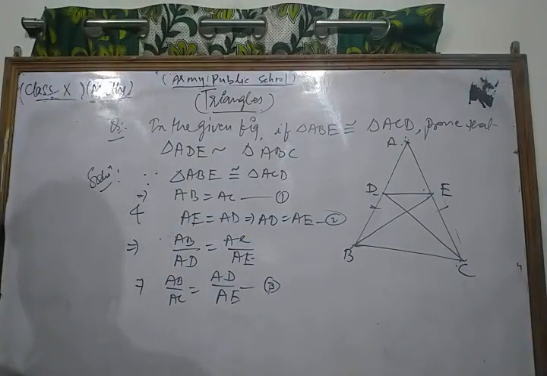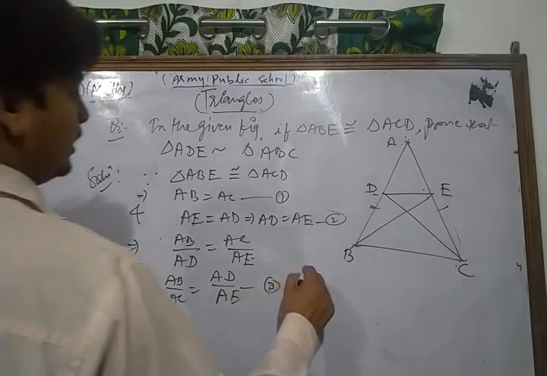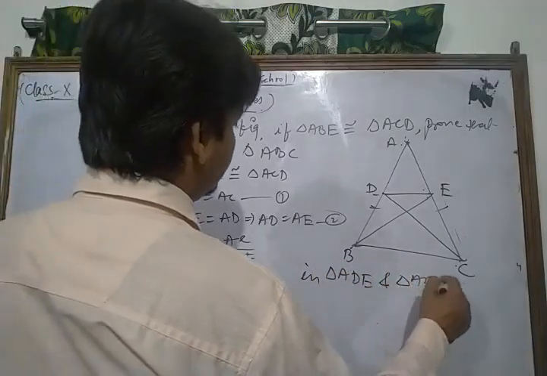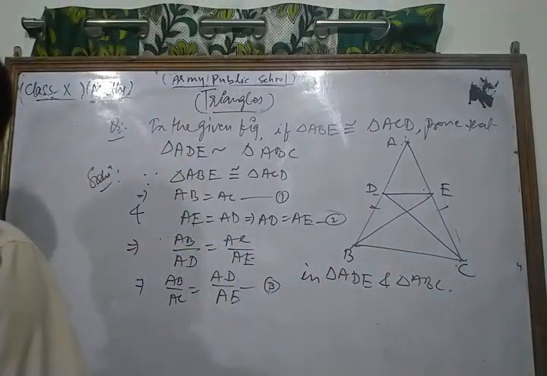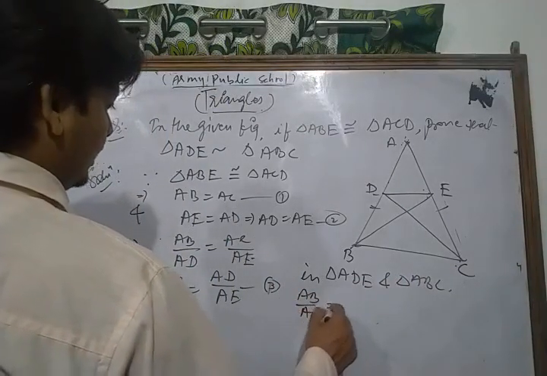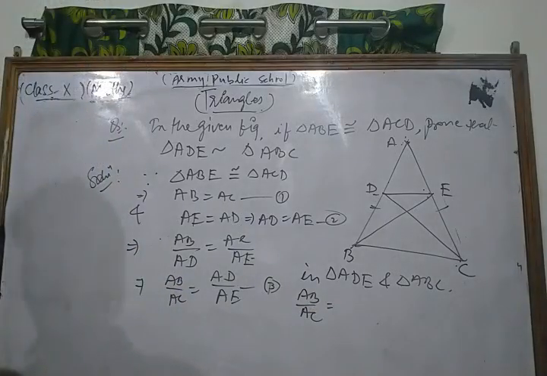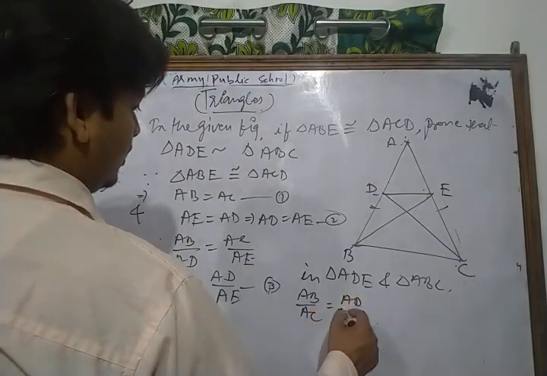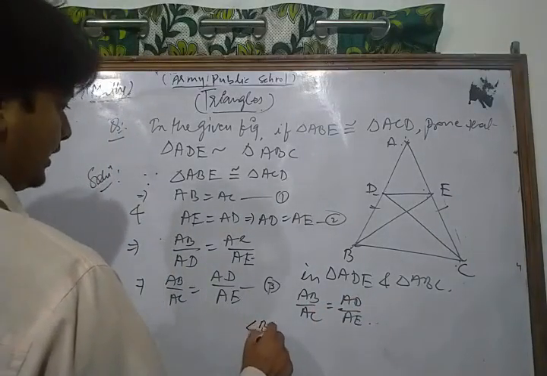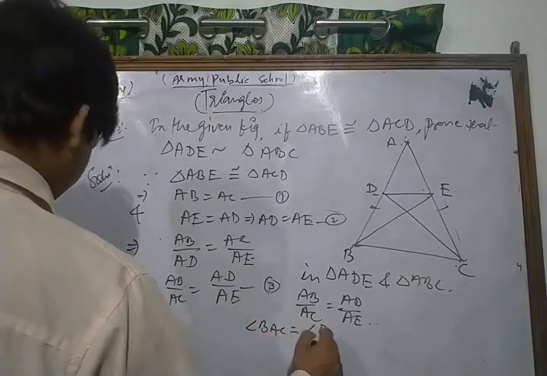Now look, in triangle ADE and triangle ABC, we have AB upon AC is equal to AD upon AE, and angle BAC is the same as angle DAE.